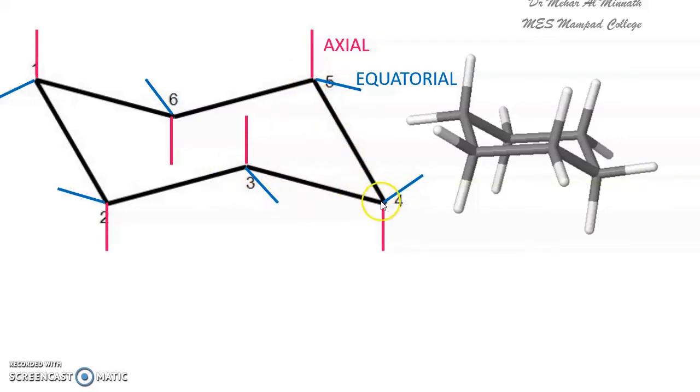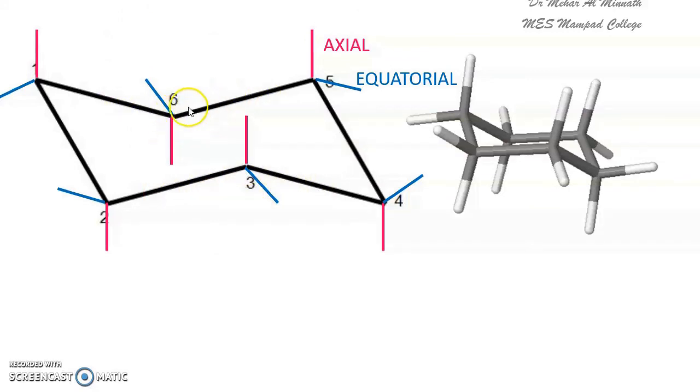Alright, so the equatorial bonds are parallel to the CC bonds, while the axial bonds are parallel to the C3 axis of symmetry. So while drawing the structure, you must maintain that parallel nature. That's important. Usually we find a clumsy appearance on carbon 6 and carbon 3.